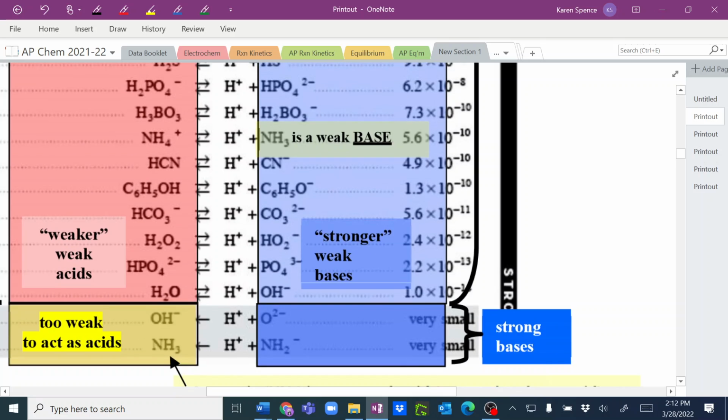And then finally we get to the gray zone at the very bottom, and those are our two strong bases, our only two Bronsted-Lowry strong bases. These two right here.